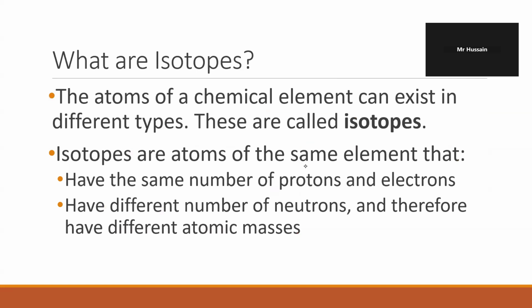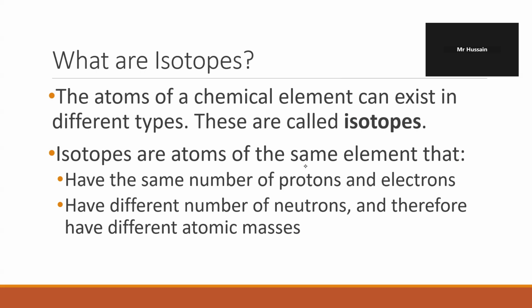What are isotopes? Now you have to explain, you have to describe on your test. And here is a guideline. The atoms of a chemical element can exist in different types. These are called isotopes.